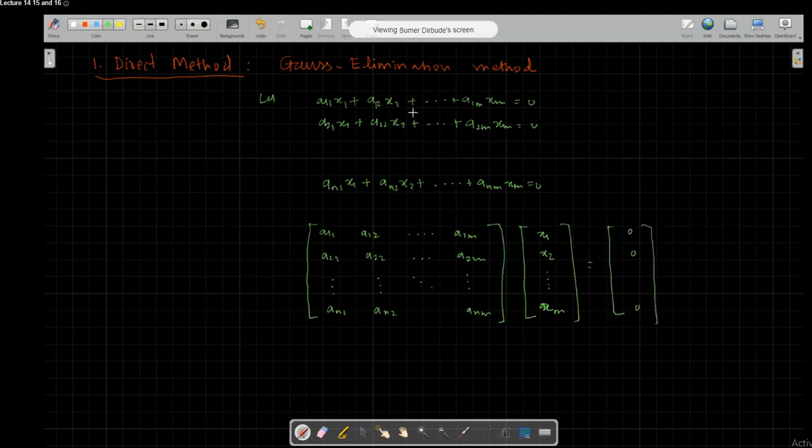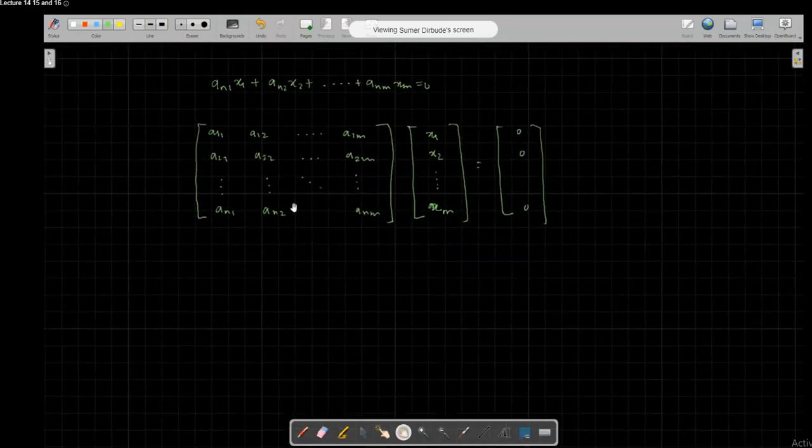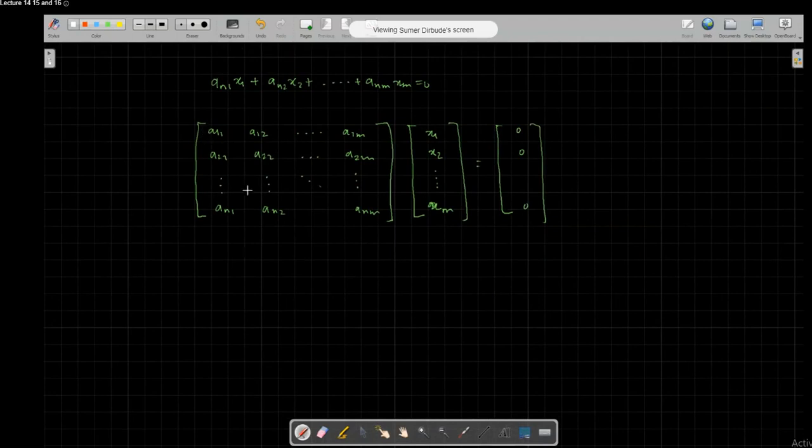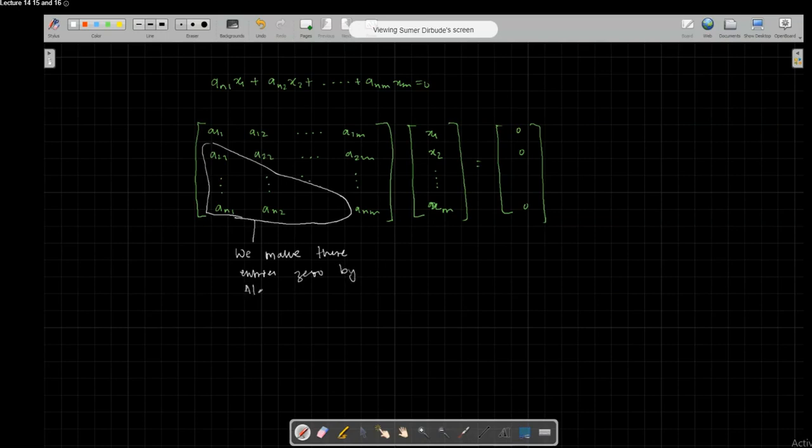So in Gauss elimination, what we do is we make all the entries below the diagonal entries 0, by algebraic manipulation or row and column operations.